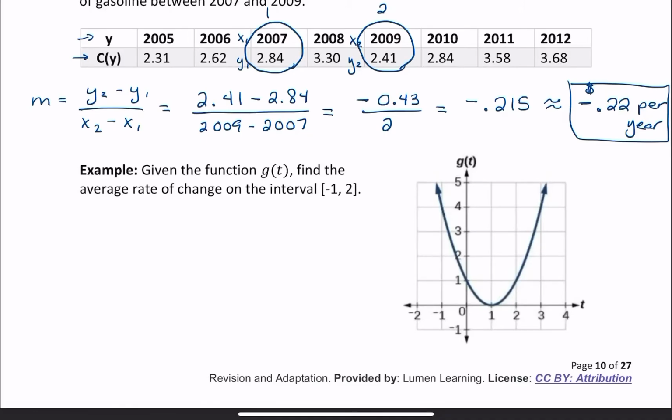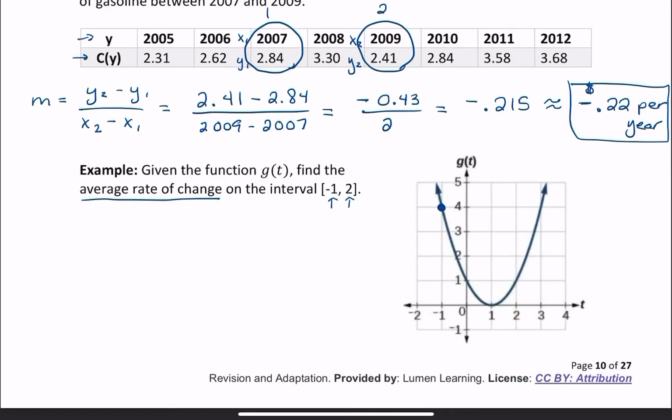Another way they can do it is give you an interval and a graph and say, find the average rate of change. So still I'm finding slope. Careful here, this is an interval. So these are both x coordinates. It's saying I'm going from -1, so here, which would be this point, to 2, which would be right here.